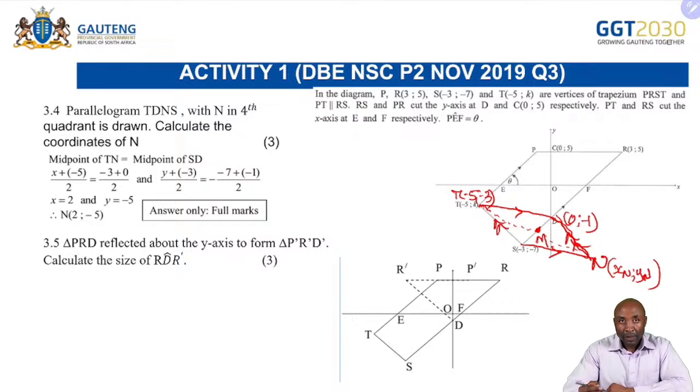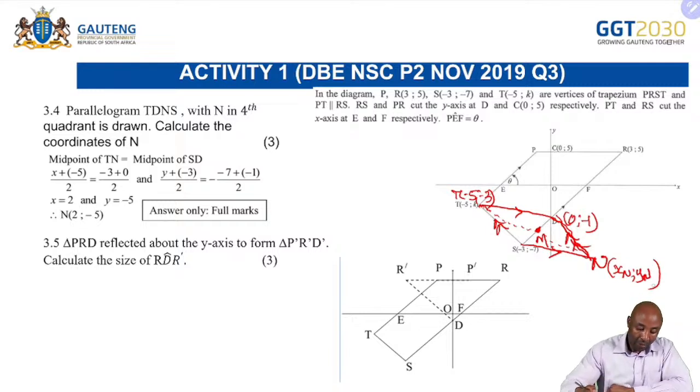Now, we can also use translations here to get to our solution, but it needs us to understand those translations, because remember, we did the rules of translations in grade 8 and 9, and we must go back and revise them to help us get the solution easily.